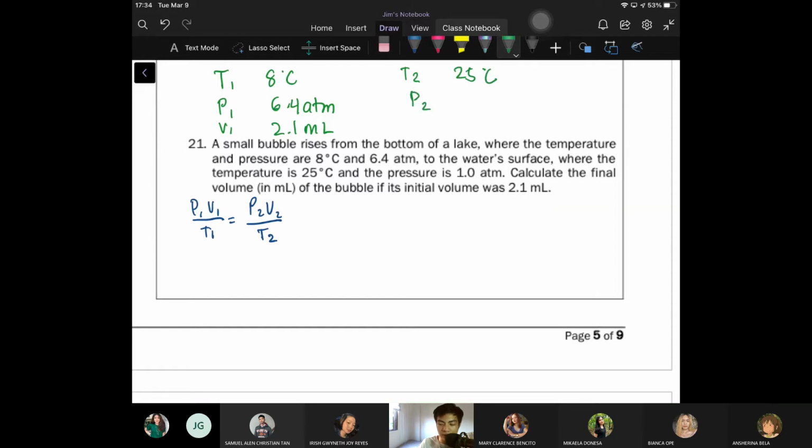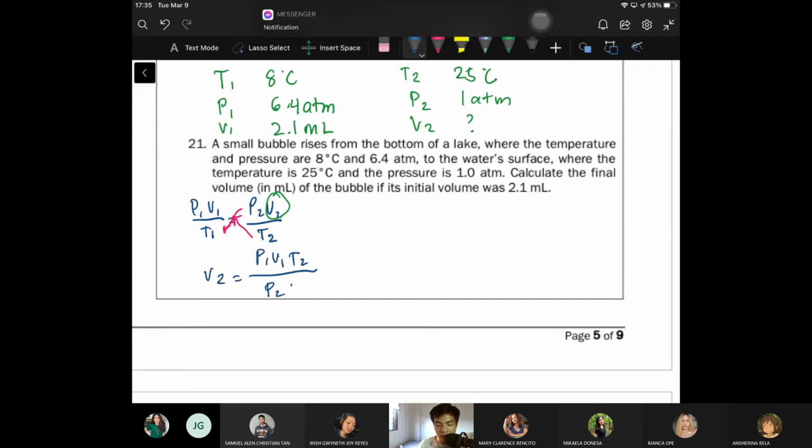Final pressure is 1 atm and yung final volume, hindi natin alam. So that means missing si V2. Okay. So since missing yan, we cross multiply the terms. So we will get the equation for V2. That is V2 equals P1 V1 times T2 over P2 T1.